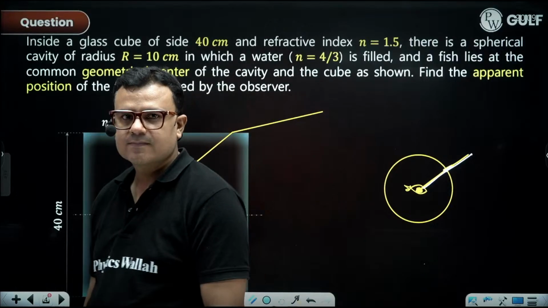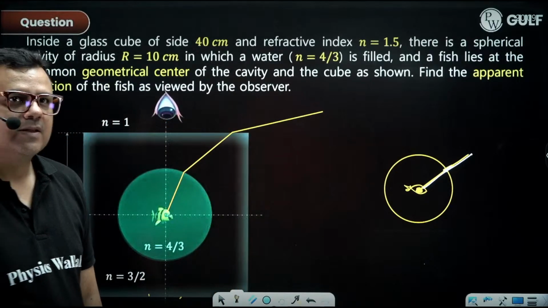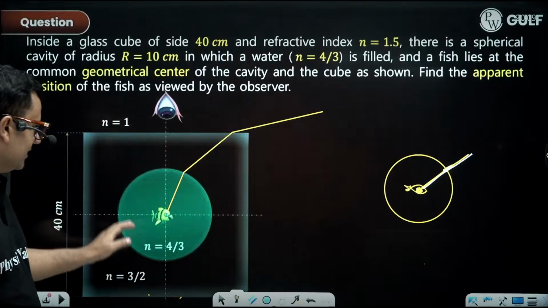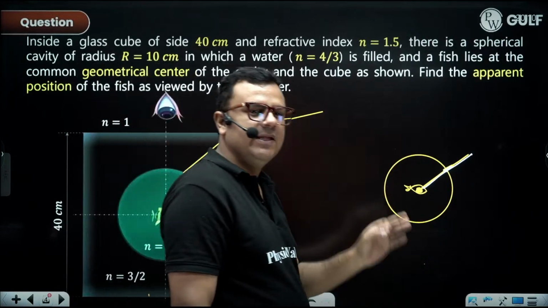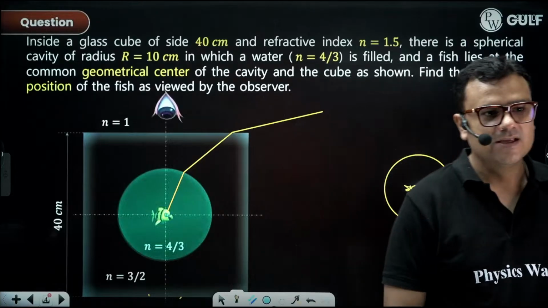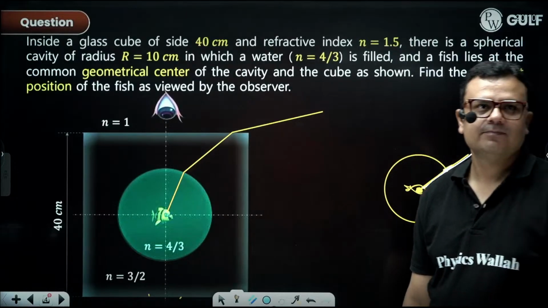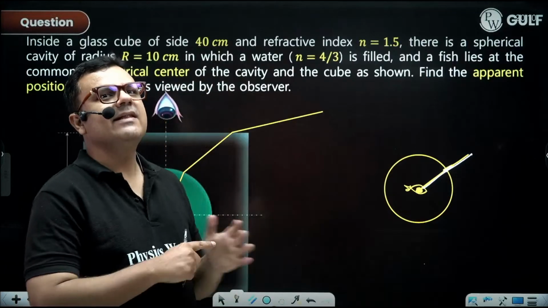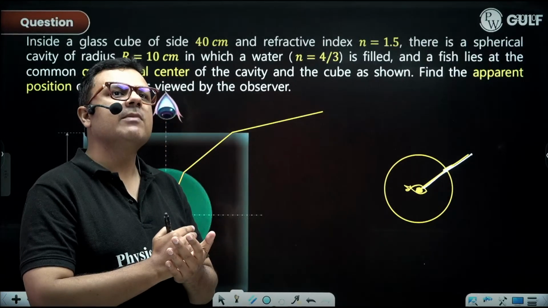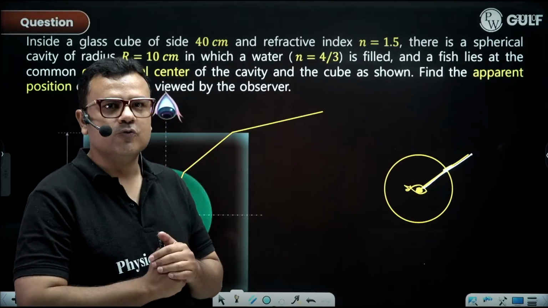Yes, sir. Because it's in a spherical symmetrical manner, your deviation will be 0. Okay, so this is the main thing: what normal people do and what you are not going to do.